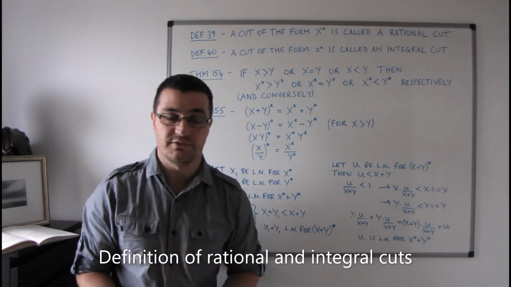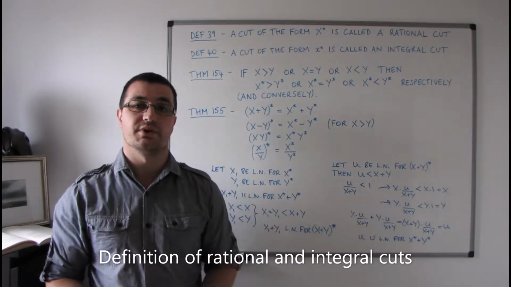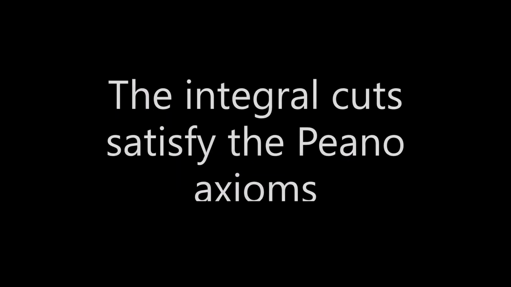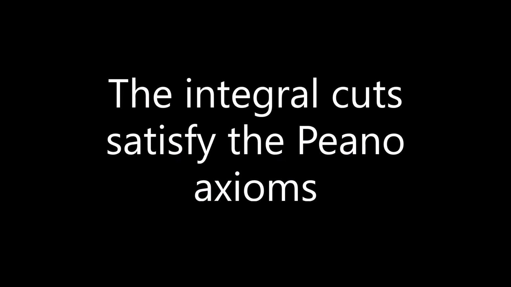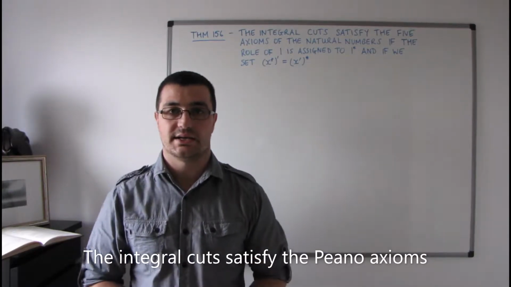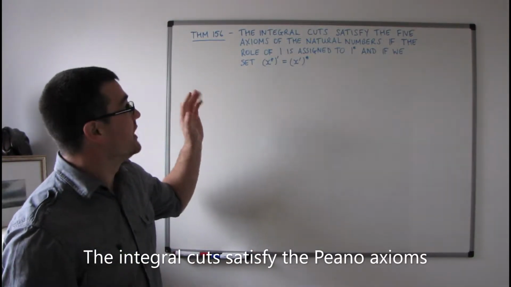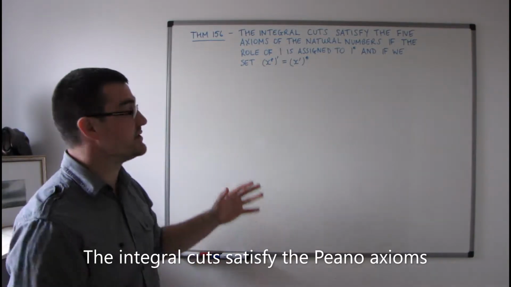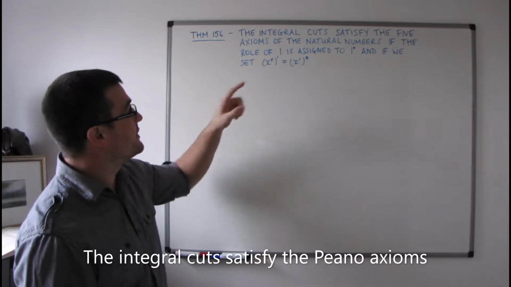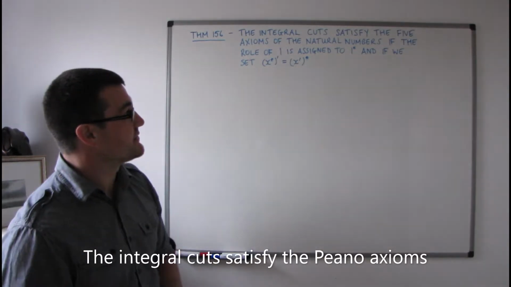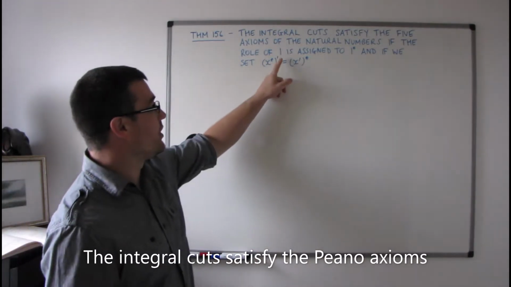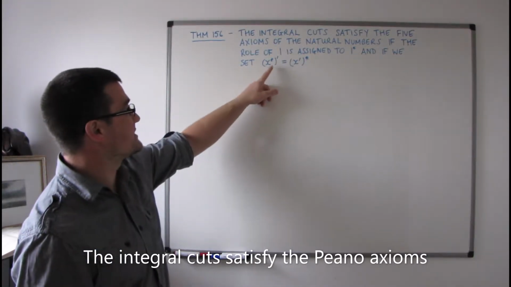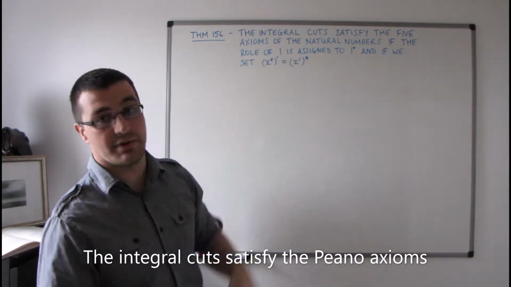The next theorem that I'm going to move on to is a really important theorem in the development. Let's have a look now at Theorem 156, where we want to show that the integral cuts that I've just defined previously satisfy the 5 axioms of the natural numbers, if the role of 1 is assigned to 1 star, and if we set x star primed equal to x primed star.